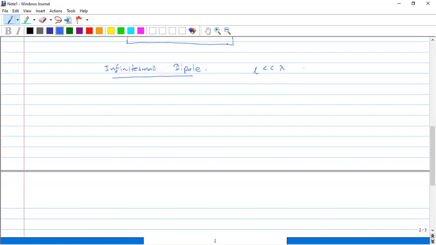And if you consider the current distribution, that is uniform. It is not changing because the length is very small. Because this length is very small, we can assume that the current distribution is uniform.